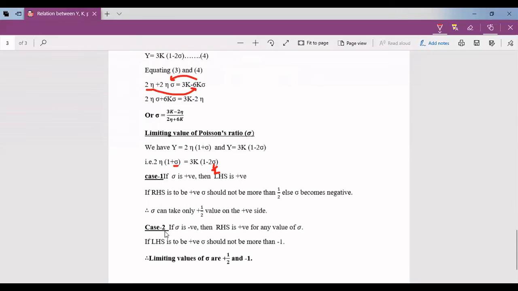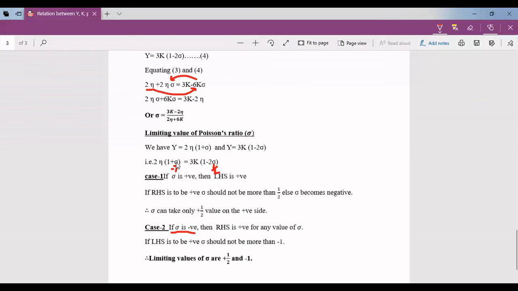Let us take now case 2. In case 2, let sigma be negative. If you substitute a sigma value, the left side equation should be equal to the right side equation. If the left side is negative, I will substitute minus 1 in place of sigma.